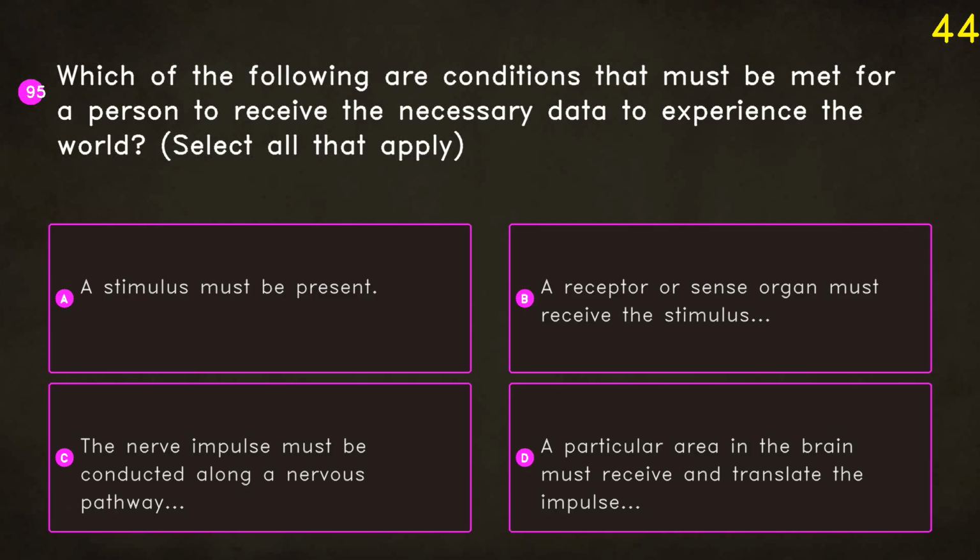Question 95. Which of the following are conditions that must be met for a person to receive the necessary data to experience the world? Select all that apply. A. A stimulus must be present. B. A receptor or sense organ must receive the stimulus. C. The nerve impulse must be conducted along a nervous pathway. D. A particular area in the brain must receive and translate the impulse.